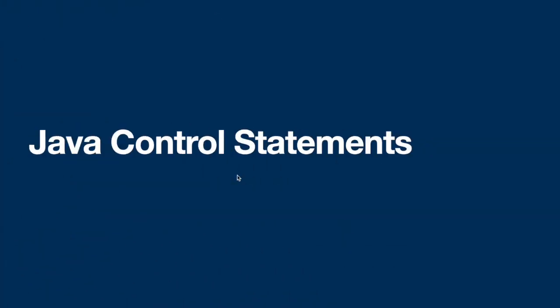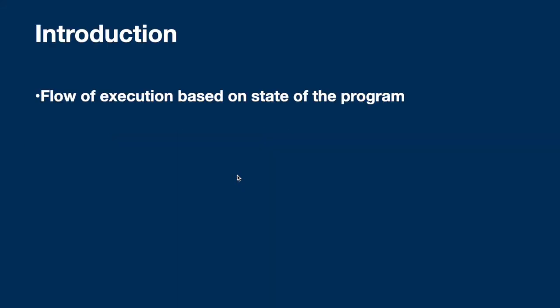Today we will discuss Java control statements. Java control statements are very important concepts that we have to understand to use the Java language very effectively and efficiently, and they are very important in controlling or monitoring the flow of execution based on the state of the program.